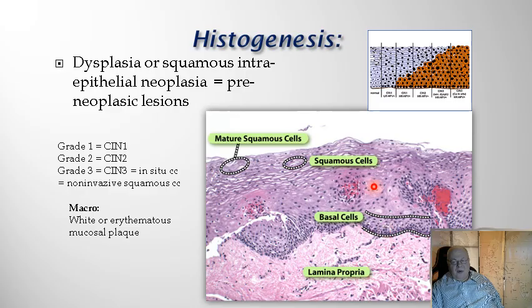Or it can be 2/3 of the thickness, and then it's called dysplasia of grade 2, or it can occupy the entire thickness of the squamous epithelia, and then it's called dysplasia of grade 3, or absolutely equivalent, in situ carcinoma.